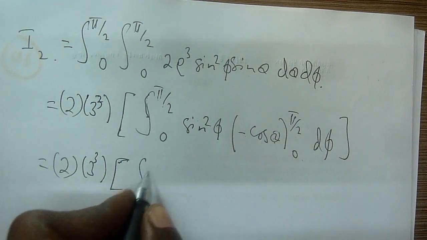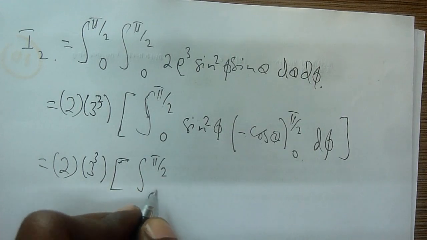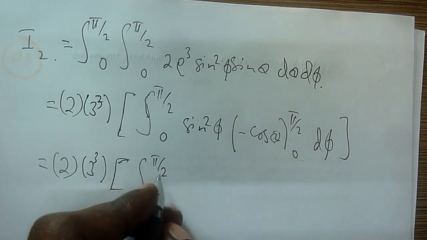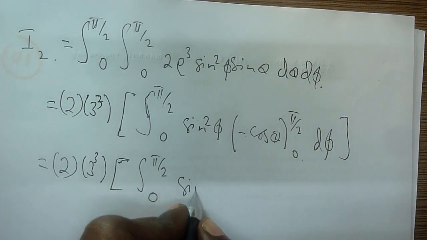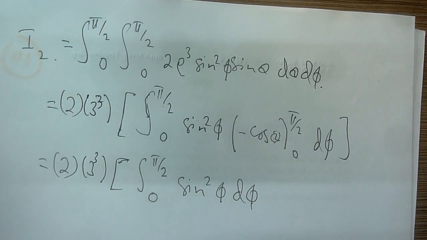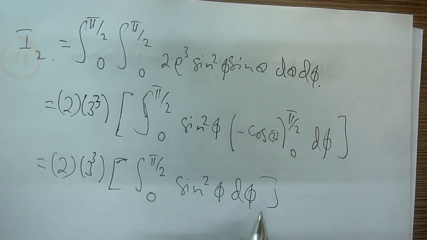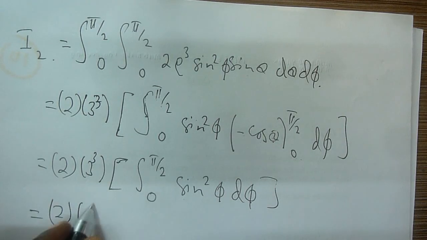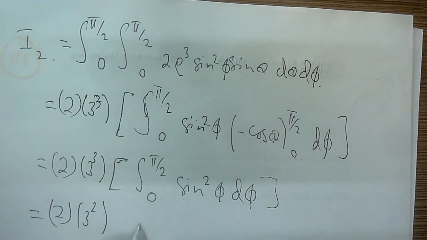This one, from 0 to pi over 2, sine 2 phi d phi. Similarly, this one you make a substitution. You make a substitution here, 3 over 2, and when you substitute you get u over 2.